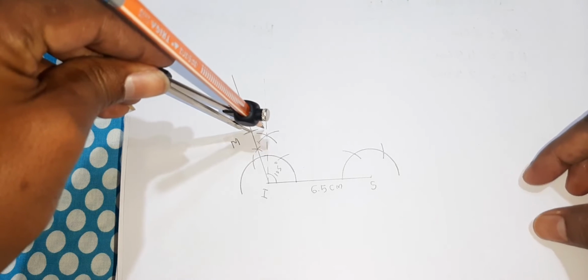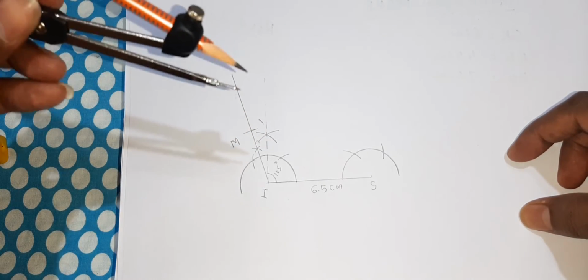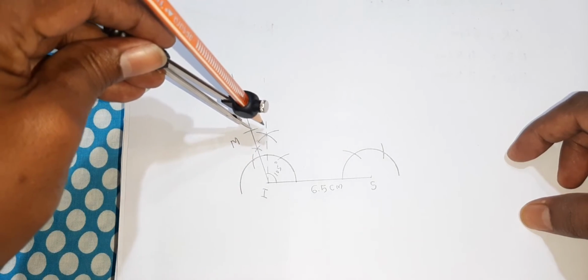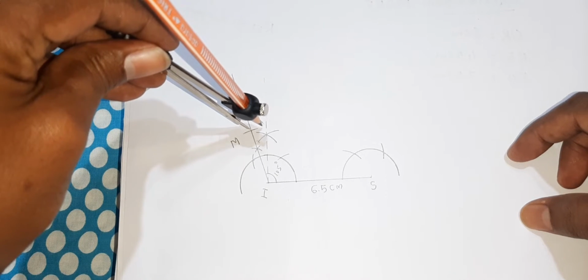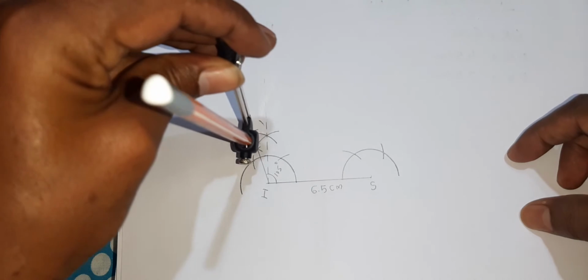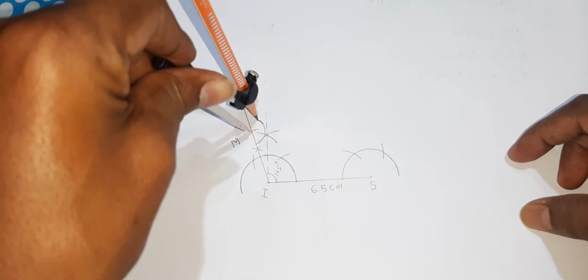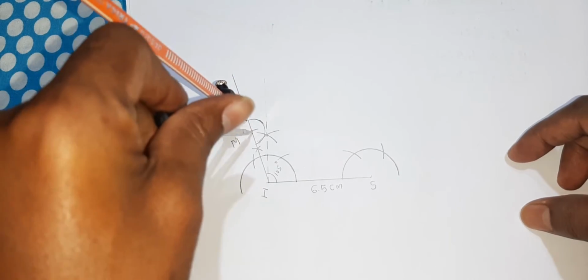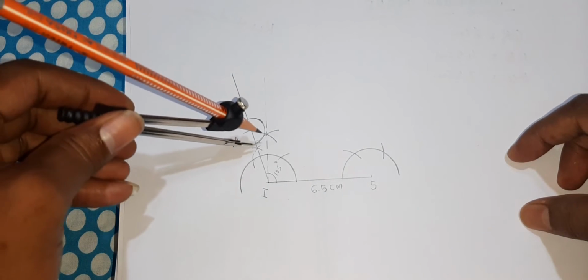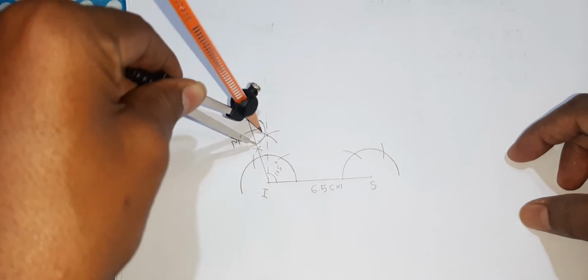So now children, to construct 75 degrees at M, by using compass you draw first of all 60 degrees, 60 and 90 you can construct at center M. Okay, so take some radius. Right, now from this is 60.